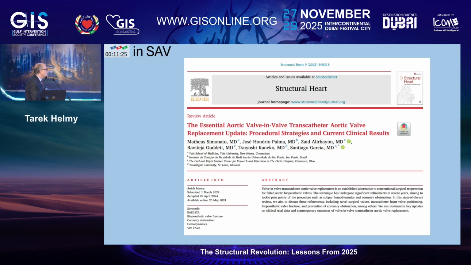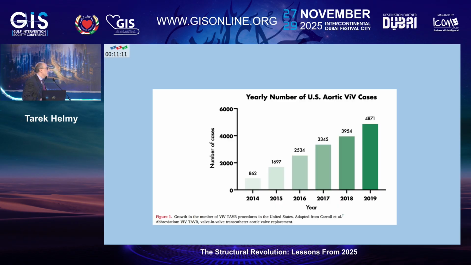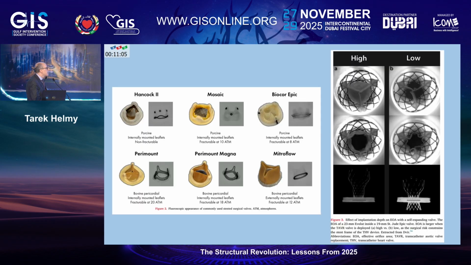Okay. So, there's been a lot of data about valve-in-valve. And we'll talk a little bit about this, not in great detail, but this is a good paper by Santiago Garcia looking at TAVI in failed SAVRs. And as you can see, the use of TAVI in SAVRs is greatly increasing.